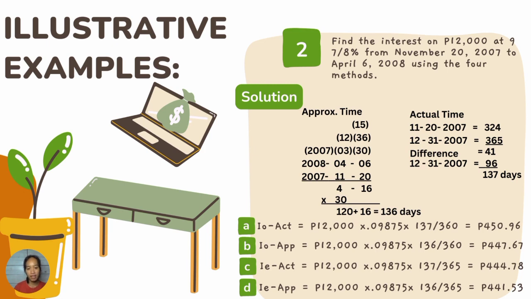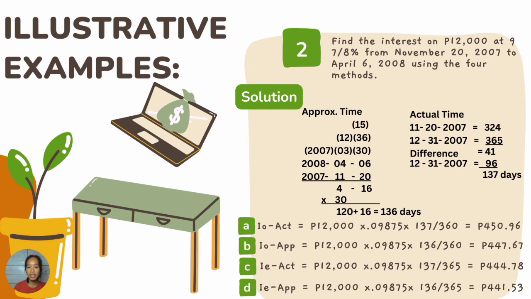So 2008 here will become 2007, and our 3 here will become 15, since there are 12 months in a year. 15 minus 11, we have 4.